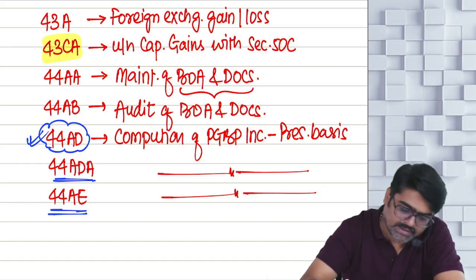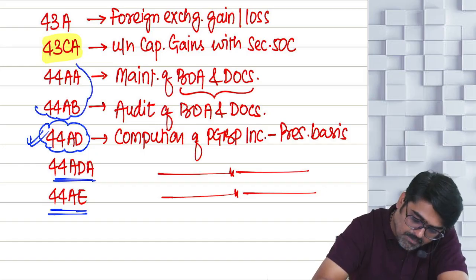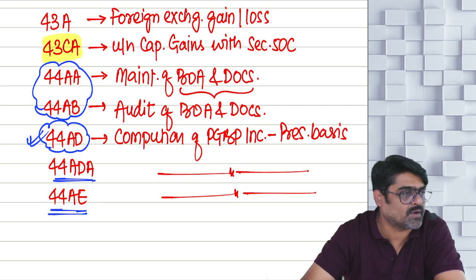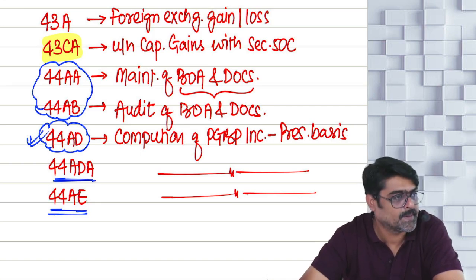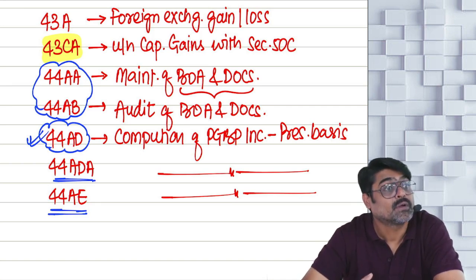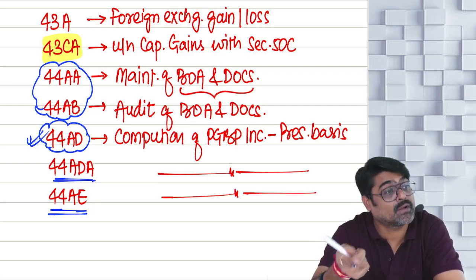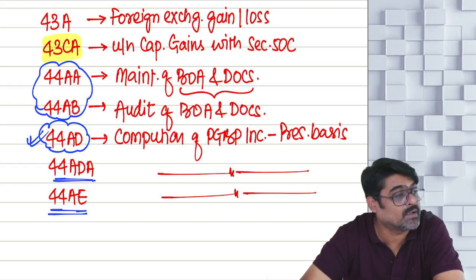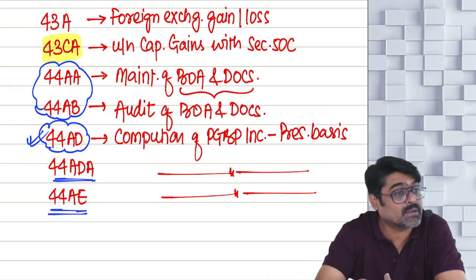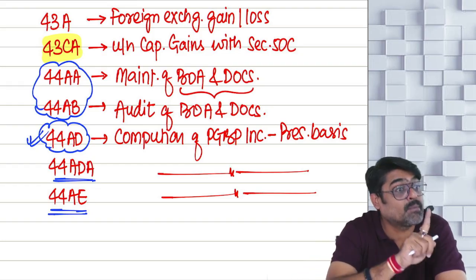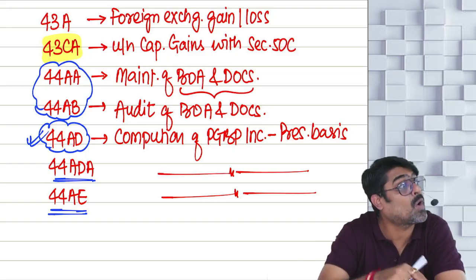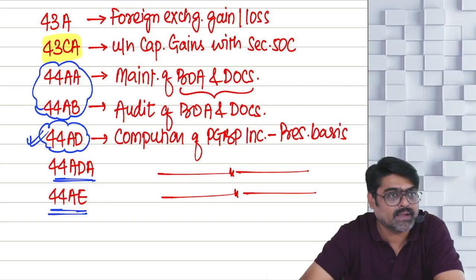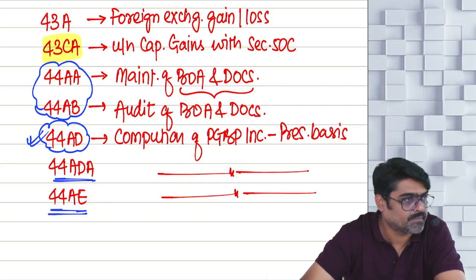And these 2 sections: compulsory maintenance of books of accounts, and audit of those books of accounts for income tax purpose. The first section tells you that you will have to compulsorily maintain the books of accounts. The second section tells you in what circumstances these books of accounts are compulsorily required to be audited for income tax purpose. 44AB is known as tax audit.